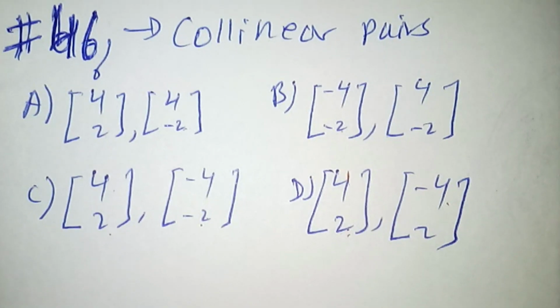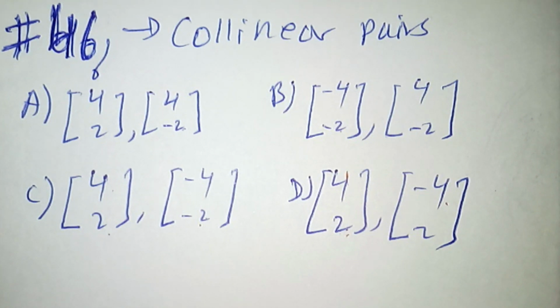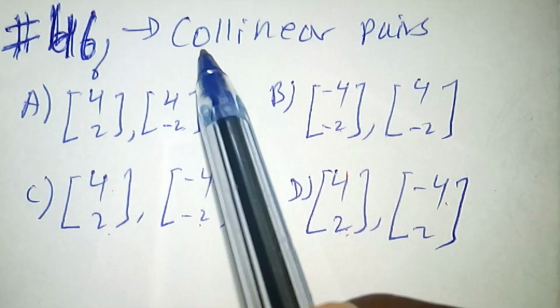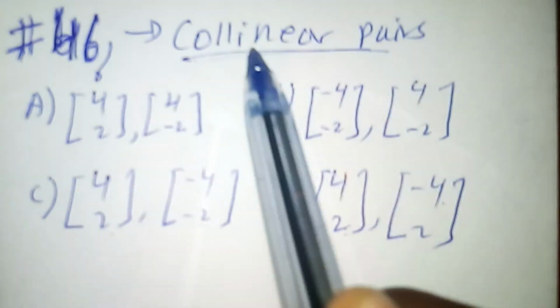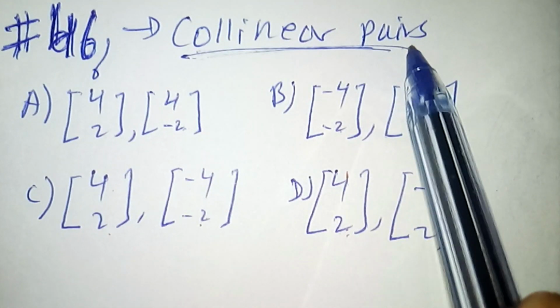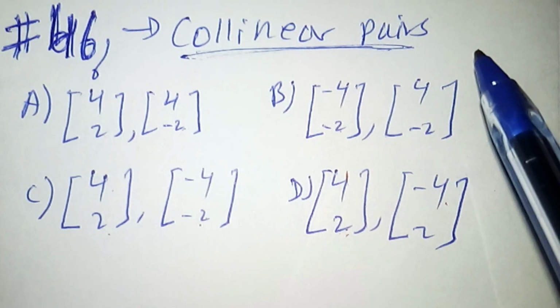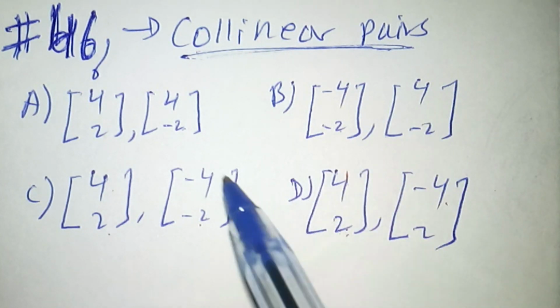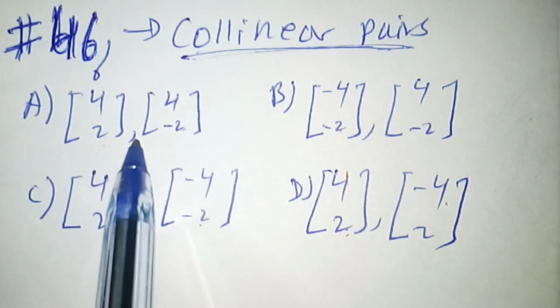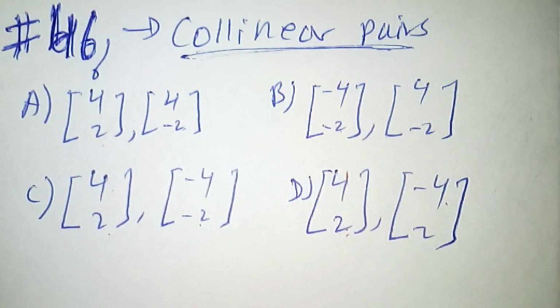Which pair of vectors are collinear with each other? We find the pairs of vectors which are collinear to each other, either parallel or opposite. Without checking each one by using the collinearity test, by inspection I can identify exactly, without doing any calculation.